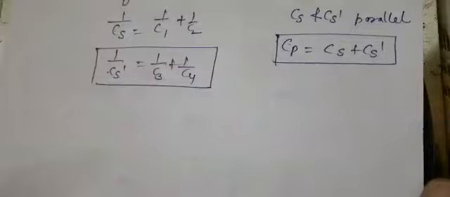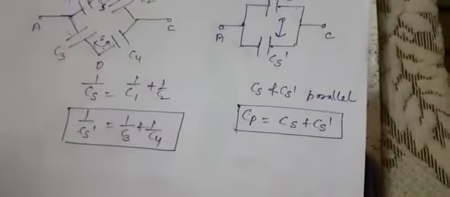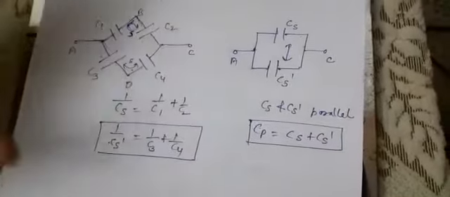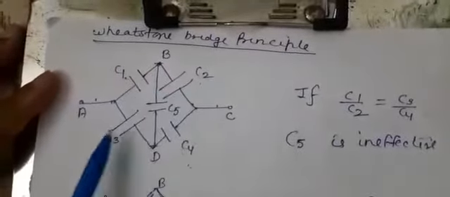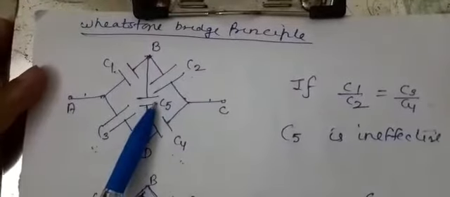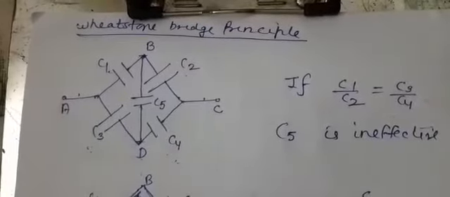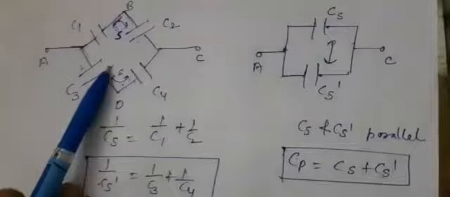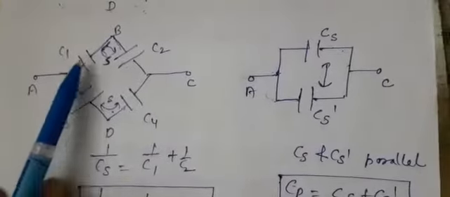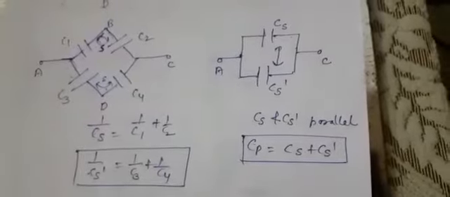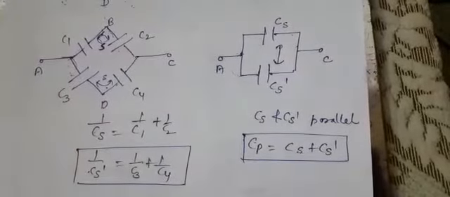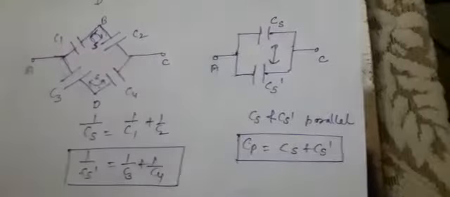These are not actually formulas, these are the method we have to apply. From this result, we conclude that in this figure, as the ratio of capacitors is equal, C5 will become ineffective. Now the concept becomes quite simple. So let me do one numerical by applying the concept of the Wheatstone bridge principle.